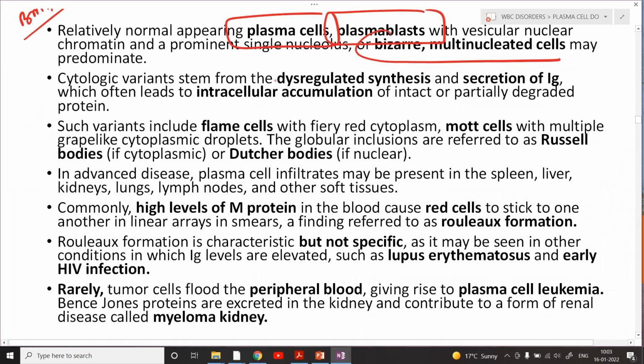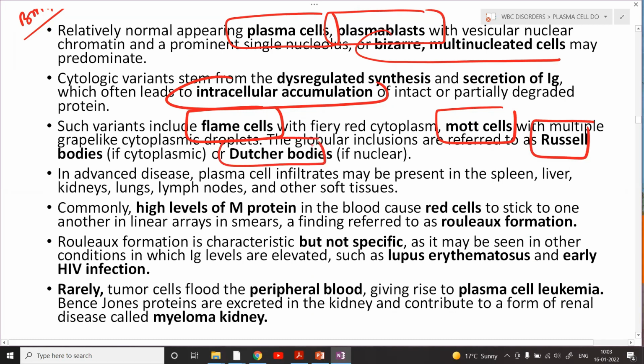Okay, so I'm just going to recap whatever points I have told you. Basically, in plasma cell myeloma, you will see a lot of intracellular accumulation of immunoglobulins. We see the presence of flame cells. As I told you, we are going to see the presence of Mott cells. Then what we have already seen, a Russell body, which is a cytoplasmic inclusion, and an intranuclear inclusion is called a Dutcher body.